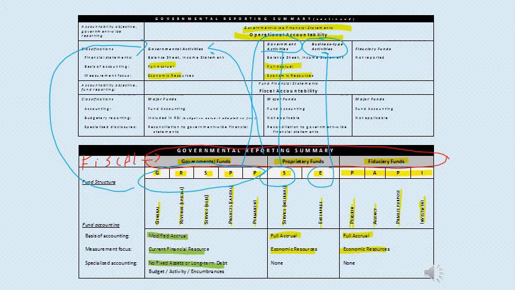I'm just pointing that out because they put those twice there. But on our government-wide statements, we'd have governmental activities and business type activities. Our GRASP funds plus our internal service fund show up under the governmental activities column, and then our enterprise funds show up at the business type activity at our government-wide level.